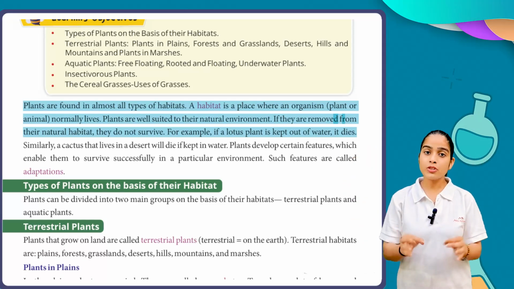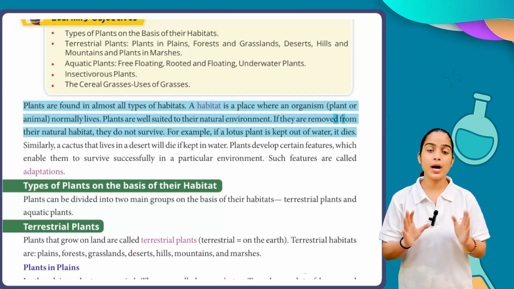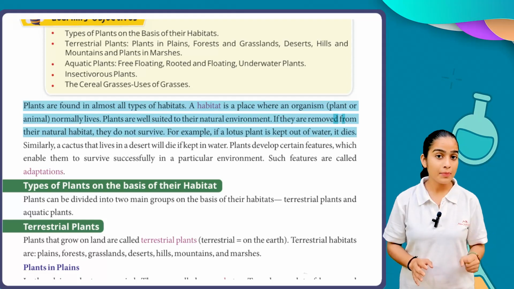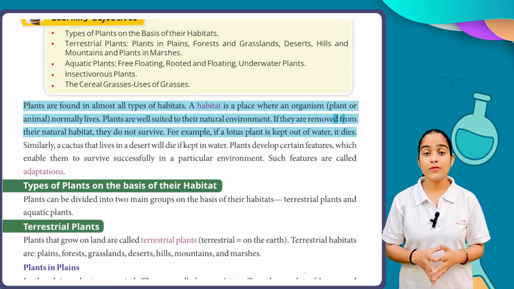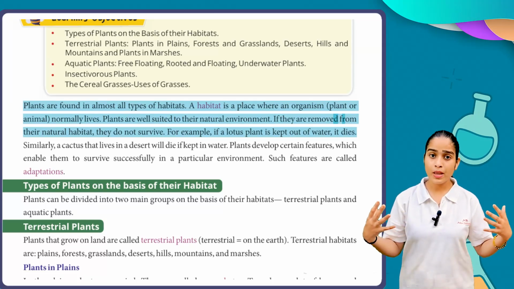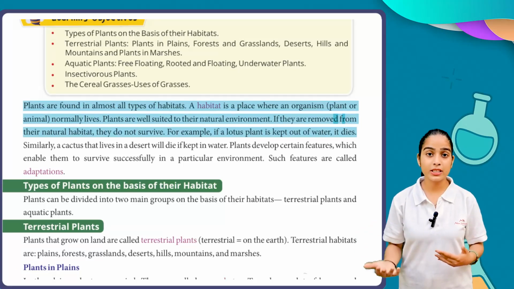Each and every plant also has its own home, just like you and me. If we remove a plant from its habitat, what will result? They will die, just like us. If we don't have our home, we feel so cold in winter and so hot in summer, and that will result in our death.